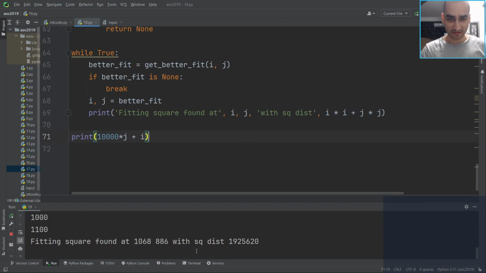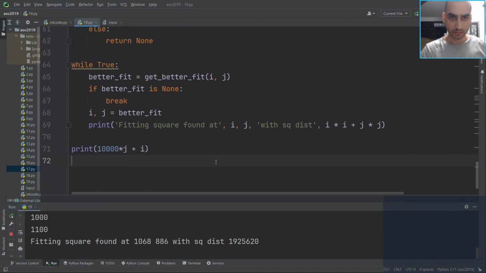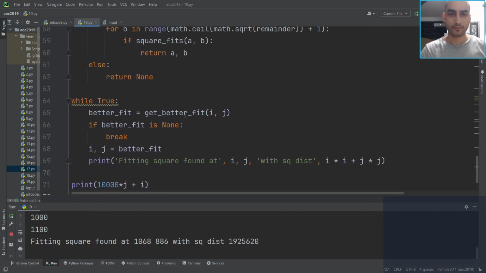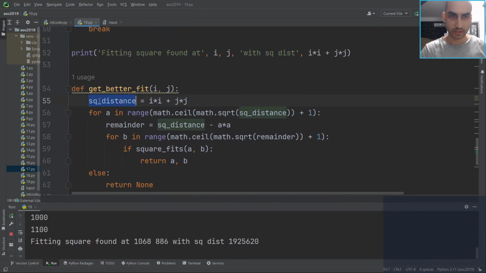It's going to take forever though. Well, it shouldn't, because it's trying the square root of... Hang on, have I got this calculation correct? Square distance equals i times i plus j times j.